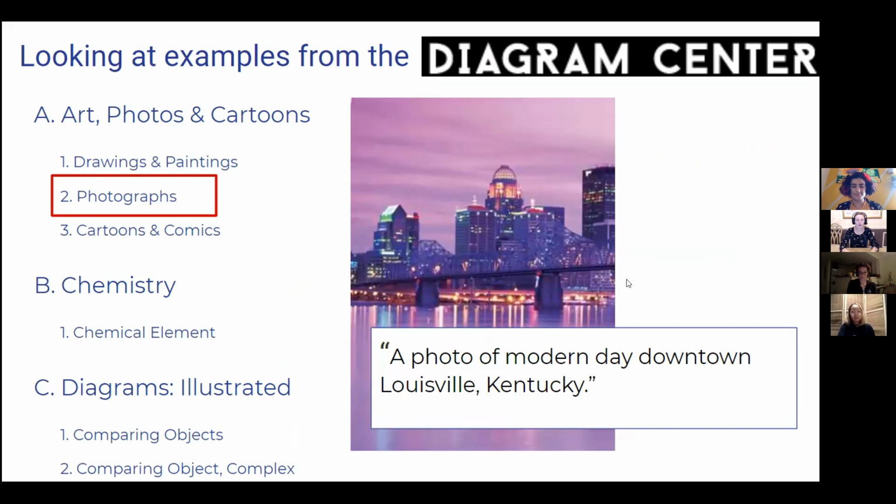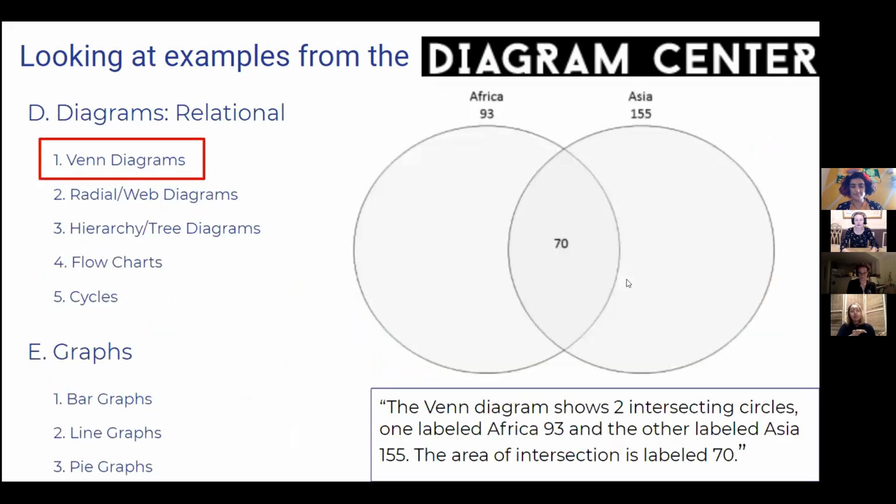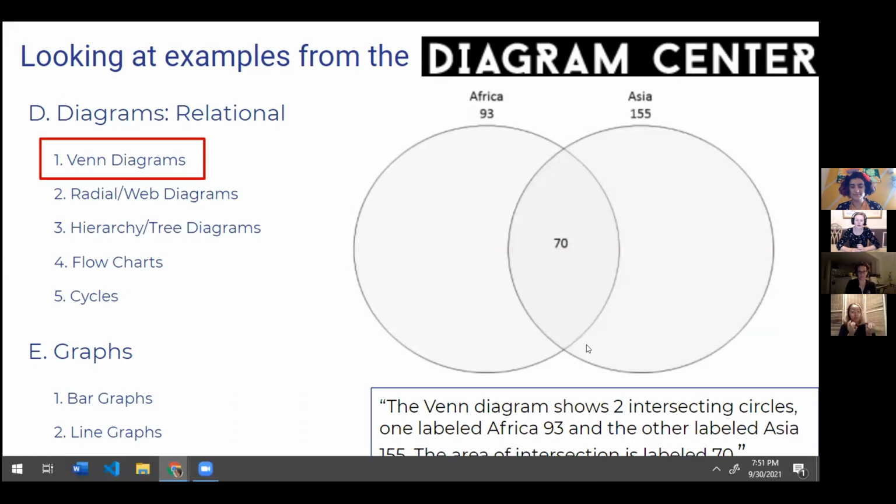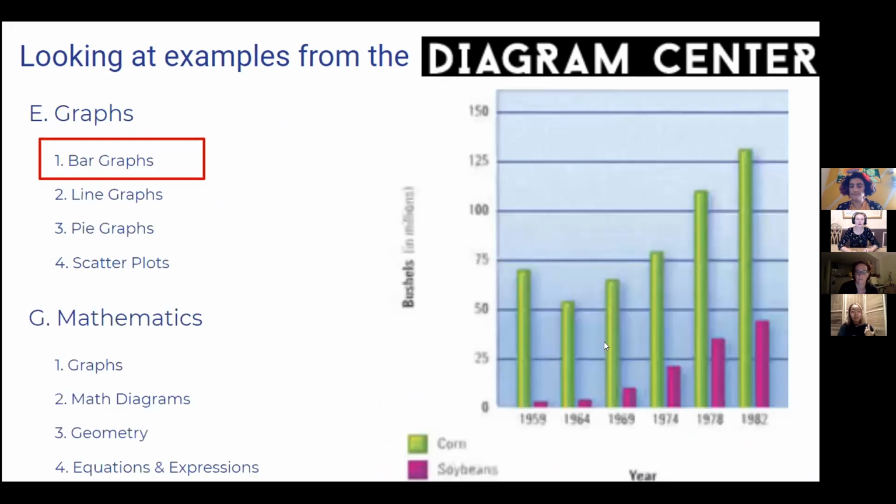Then as we go into graphs such as Venn diagrams, you can see how the alt text talks about the overall shapes, the labels, and the numbers. Just by this alt text alone, you can already get an idea of what is being described. And now we're finally getting to something more complicated.